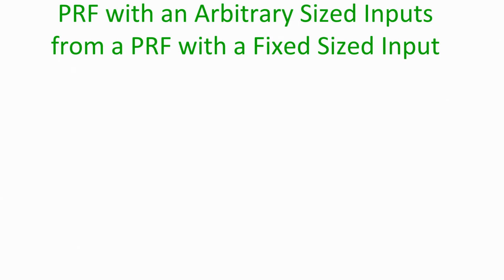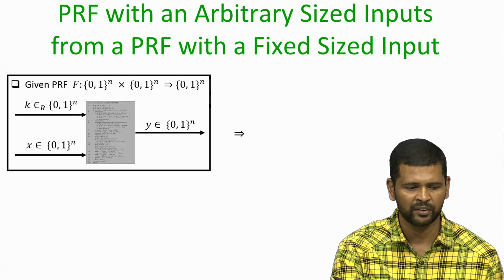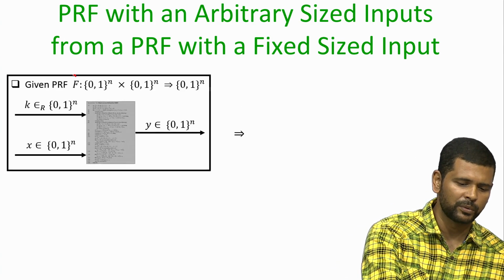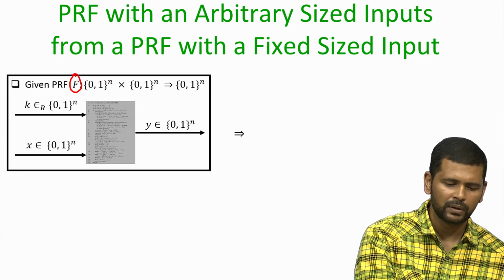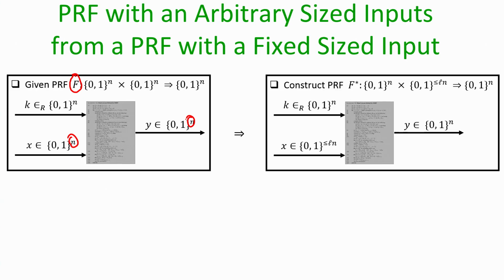Right. So, let us start with the construction of a PRF for arbitrary size inputs from a PRF with fixed size input. Assume you are given a PRF whose block length is n bits and output is also n bits, and using this your goal is to construct another keyed PRF, which I denote as F star, which can support input of any length up to l times n bits, and it will give you a fixed output of size little n bits.